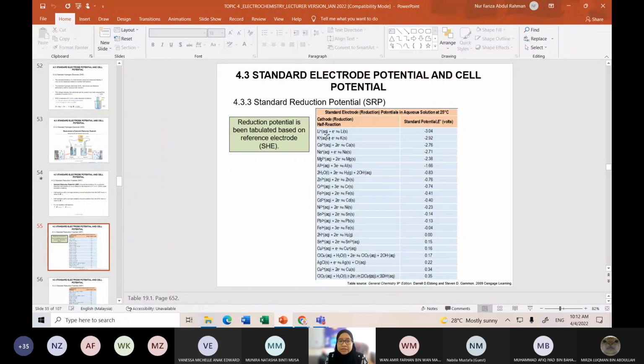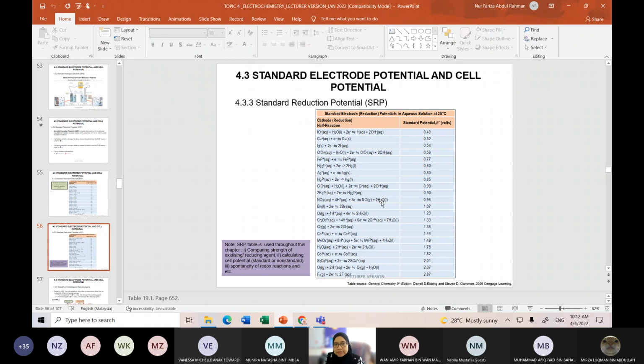Like lithium plus accepting an electron becoming lithium. Lithium plus does not prefer to become lithium solid. Rather than being reduced to lithium, it would rather stay this way as lithium plus. So that's why the value is very negative, in fact the most negative species we have in this SRP table.